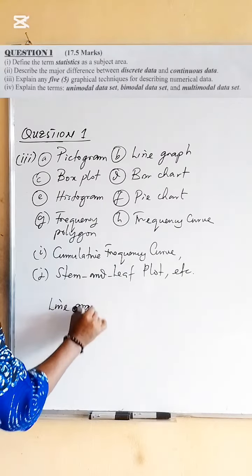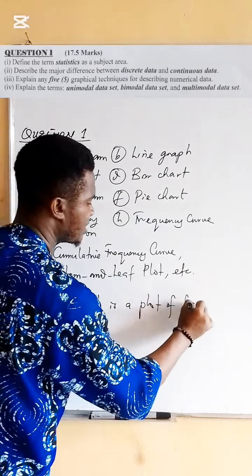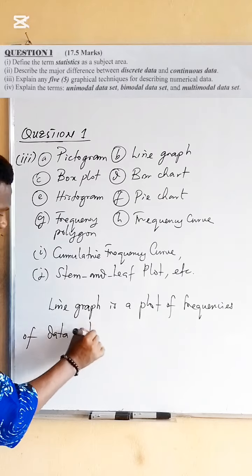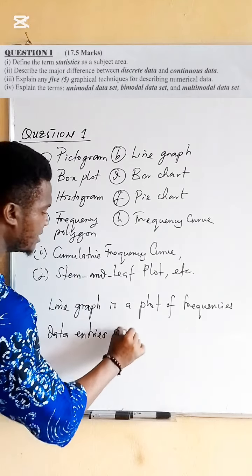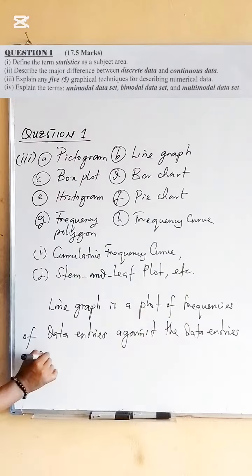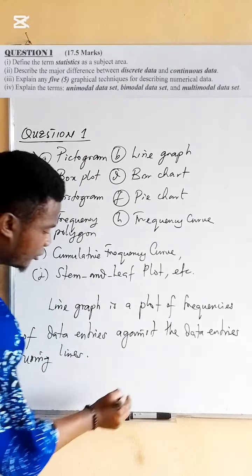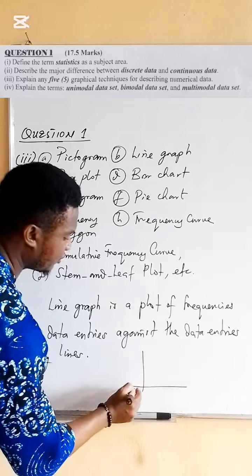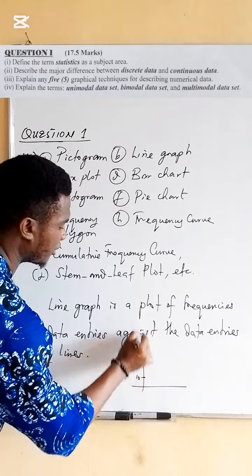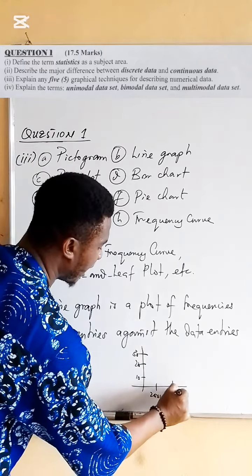The line graph is a plot of frequencies of data entries against the data entries using lines. As an example, you could have data entries 10, 20, 30, and so on, and here 2001, 2002, and so on.